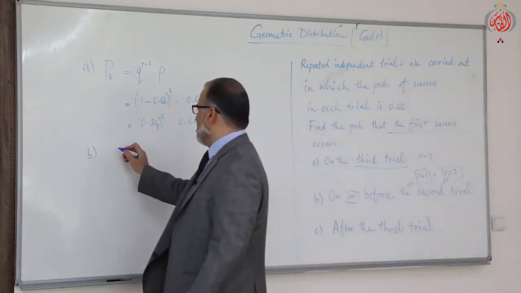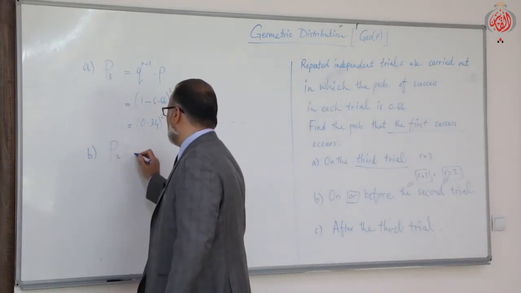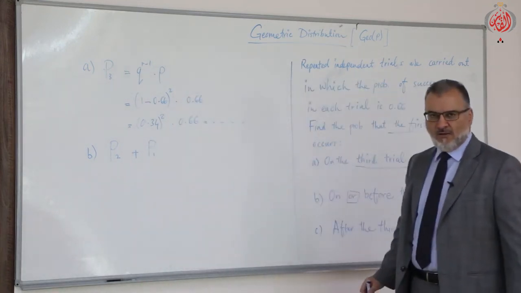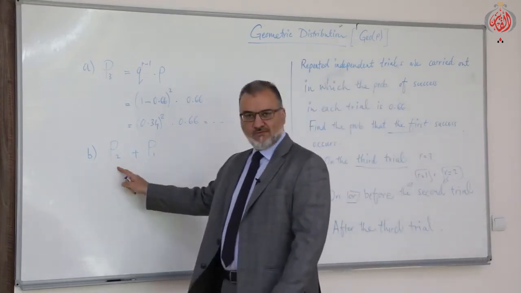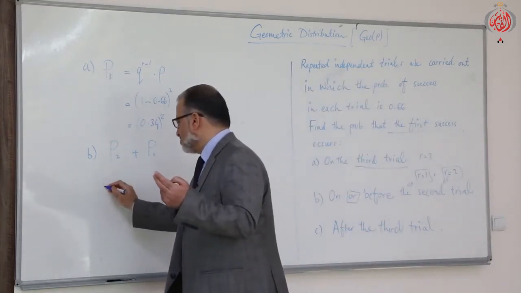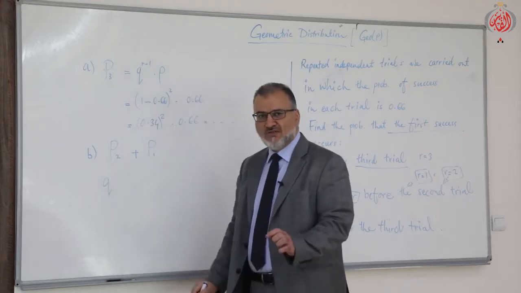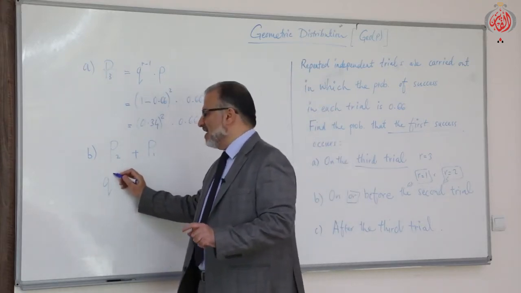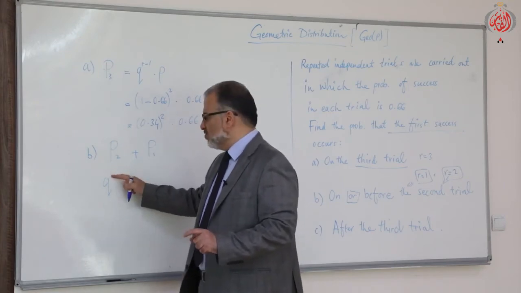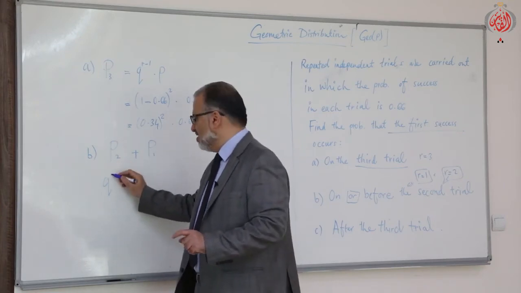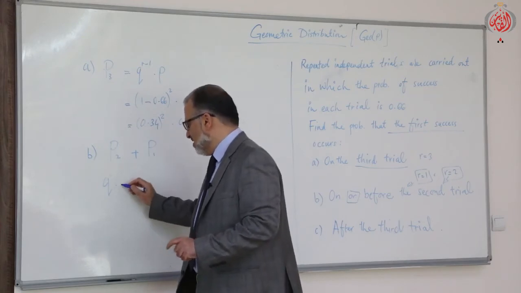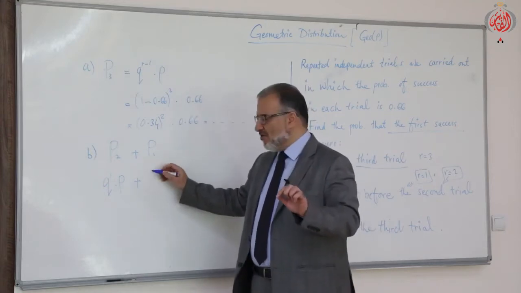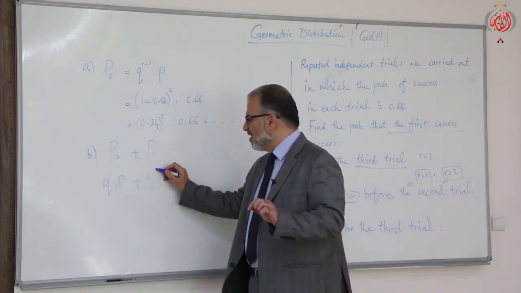So here, it is P2 plus P1. What is P2? Write it, please. Don't worry, write it. Here, always the rule is R minus 1. So R minus 1 means 2 minus 1, Q, that is Q times P. Plus, here P1, apply the rule, Q to the power of R minus 1.